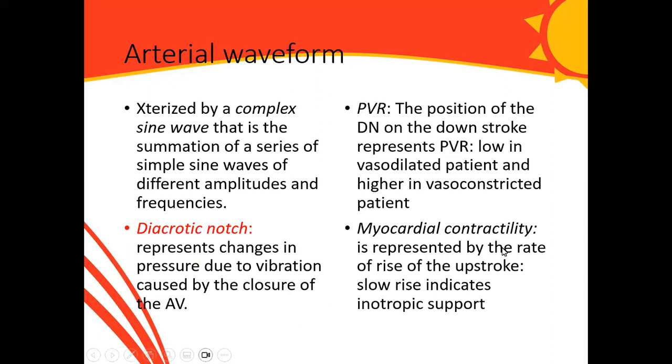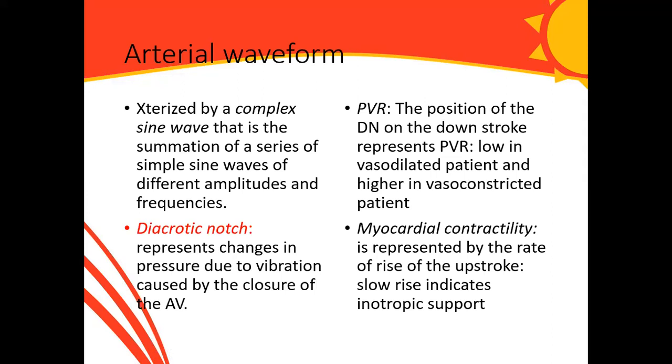Okay, myocardial contractility is represented by the rate of rise of the upstroke, which can give you an indication of response to your inotropic support. When you put a patient on inotropic support or a vasopressor, for instance, the rate of rise of the systolic upstroke will indicate the response to your inotropic support. All right.